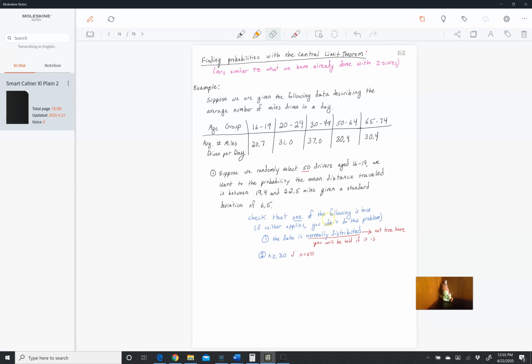And now this is just exactly what we did with our z-scores. I'm going to just put in a note. You have to do this for every problem.